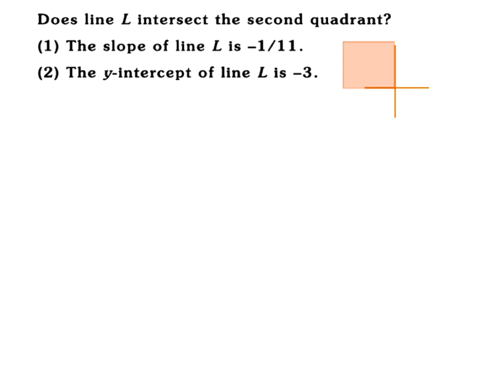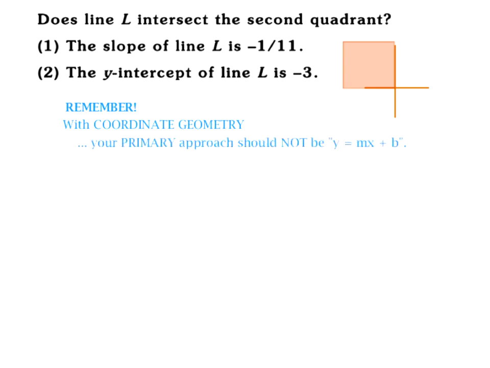But remember with coordinate geometry problems, especially on data sufficiency, your primary approach should not be algebra. Your primary approach should not be y equals mx plus b. Your primary approach should be to just think about what stuff looks like.